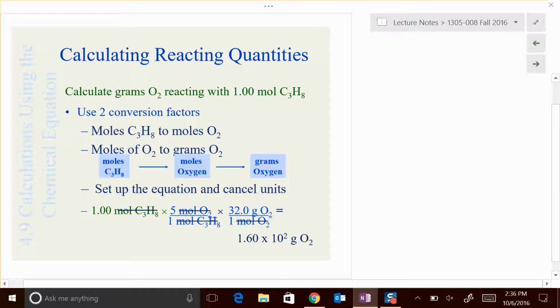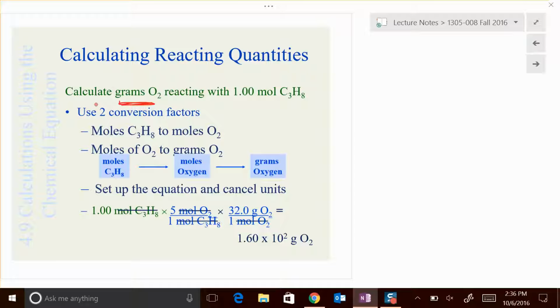Calculate the grams of O2 reacting with 1.00 moles of C3H8. Okay? So, I'm starting with moles of C3H8, and I want to go to the grams of O2. So, I need to map out in my head the process.